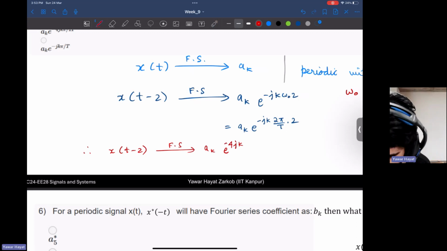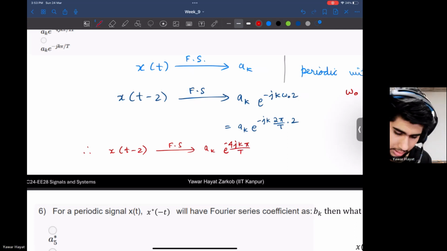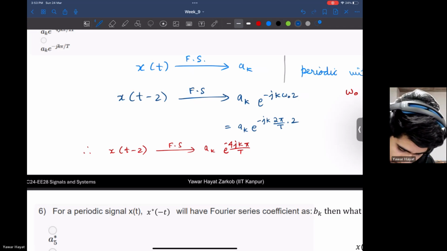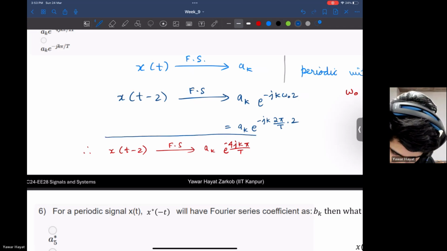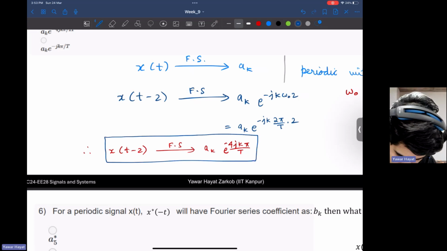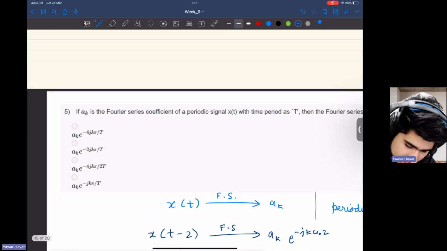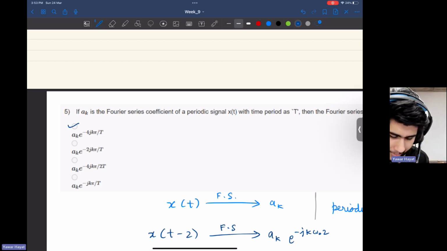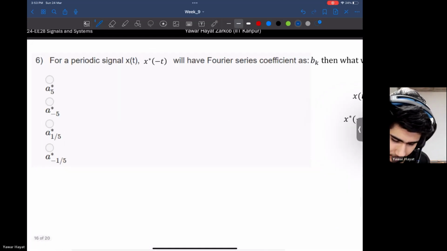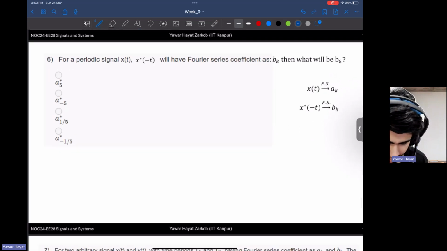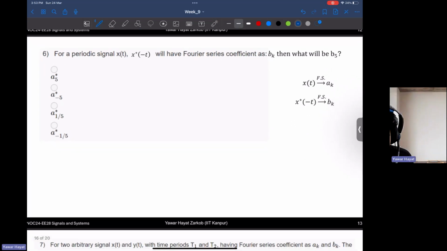Minus 4 jk pi by T. This would be your answer. So option A is correct. We'll move on to the next, sixth question.